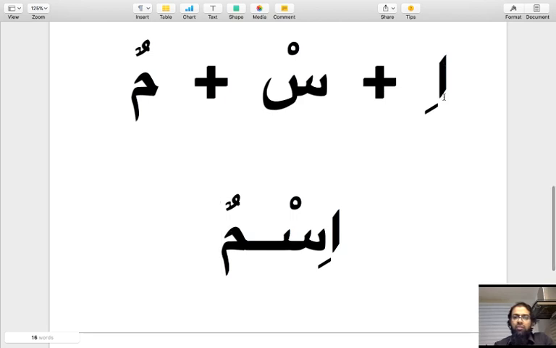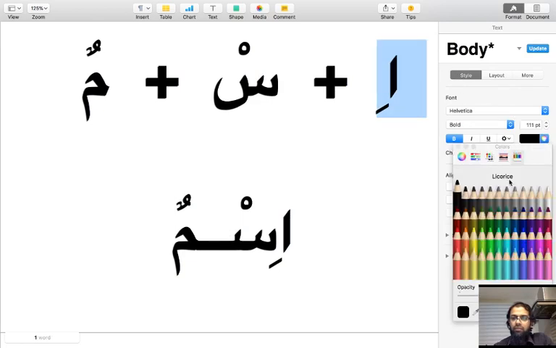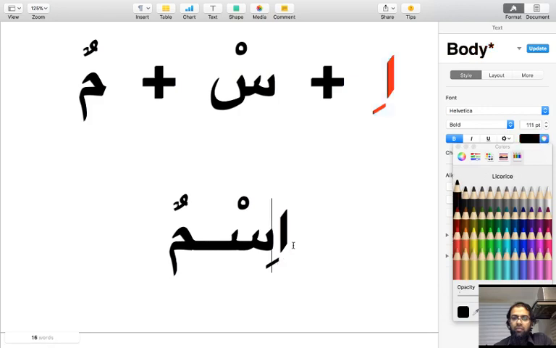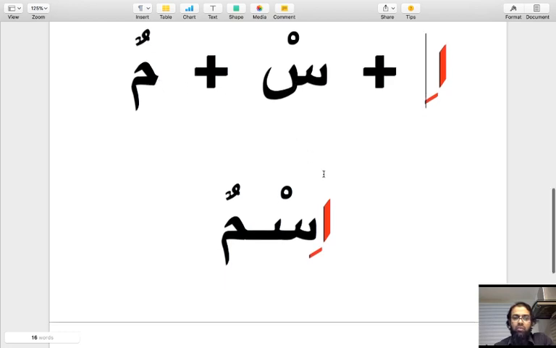So Alif joined, as we've seen, and I'm just going to add some color just to make it a bit more obvious. So when Alif is joined with Sin, and Sin will be joined with Mim, the word will be written as it looks over here.